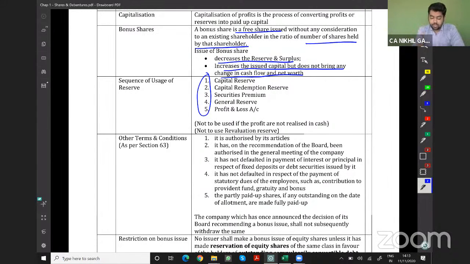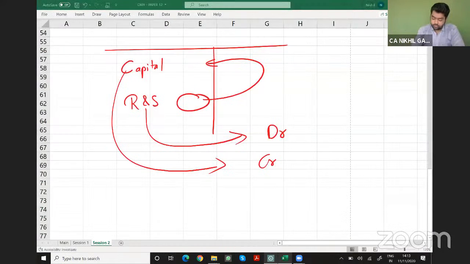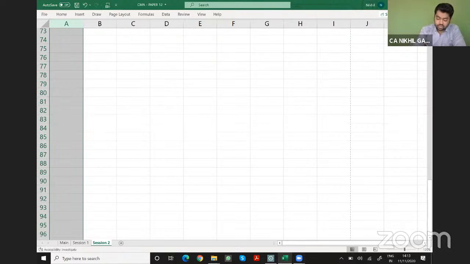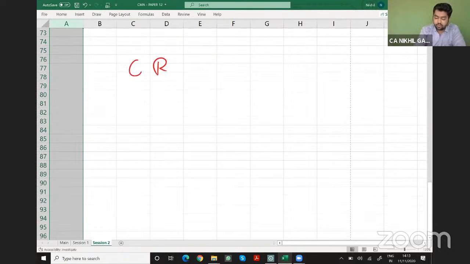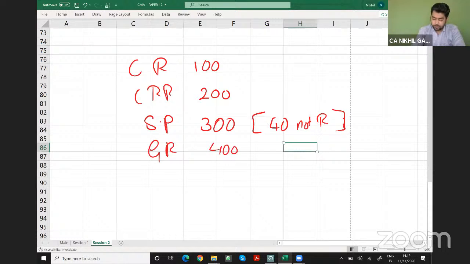Two things to be remembered. Not to be used if the profits are not realized in cash. Not to be used in case of revaluation reserve. So if the question comes, Nikhil, I have a capital reserve of 100, CRR of 200, securities premium of 300, 40 not realized, followed by general reserve 400, and profit and loss account, which is 500.